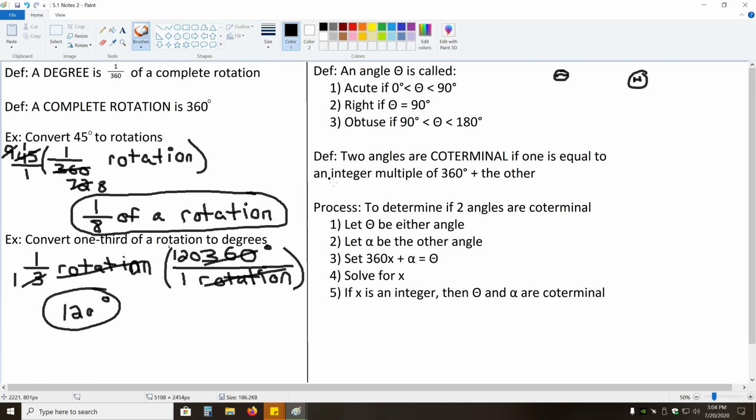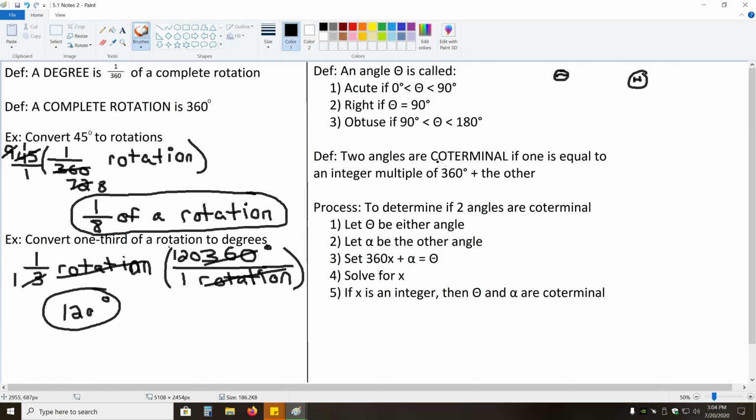We take some integer, so meaning any whole number you can think of that's positive or negative, and we multiply it by 360 degrees, and whatever that result is, we add it to the other angle, and if we get the angle that we started with, then the two angles are coterminal.